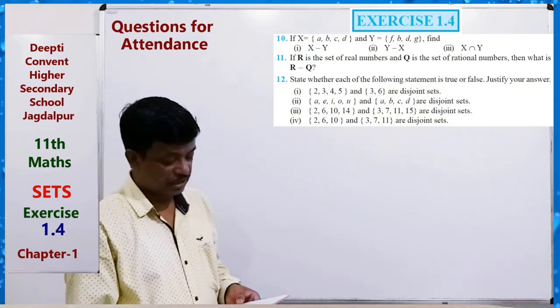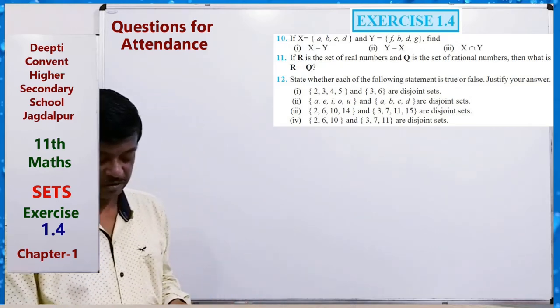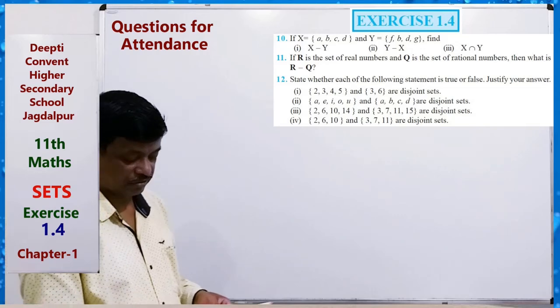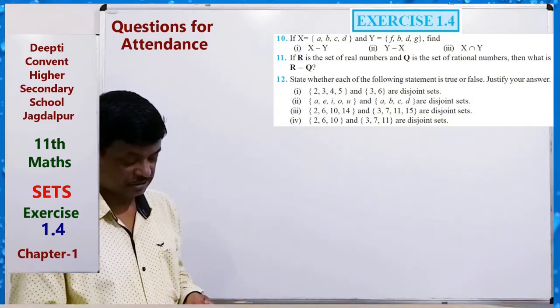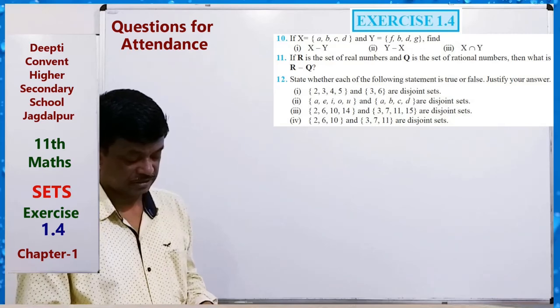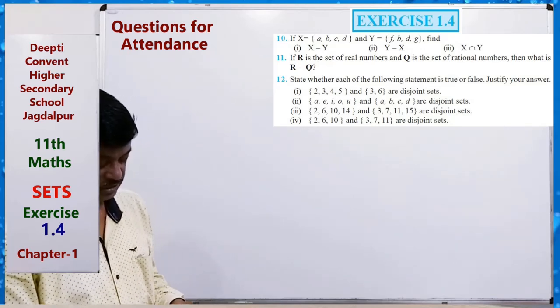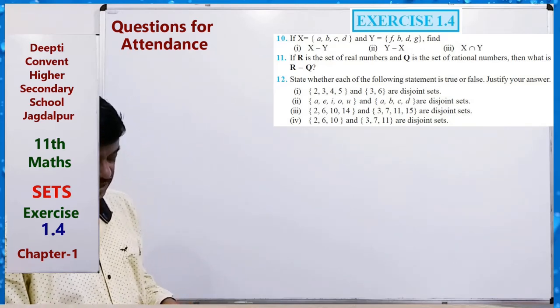Now, question 11. If R is the set of real numbers and Q is the set of rational numbers, then what is R minus Q?